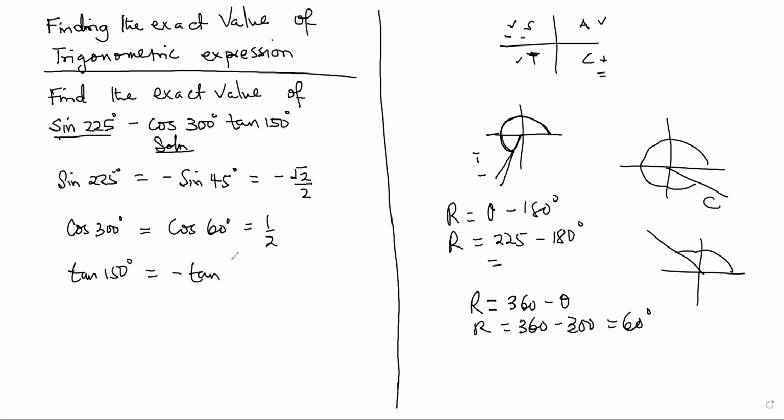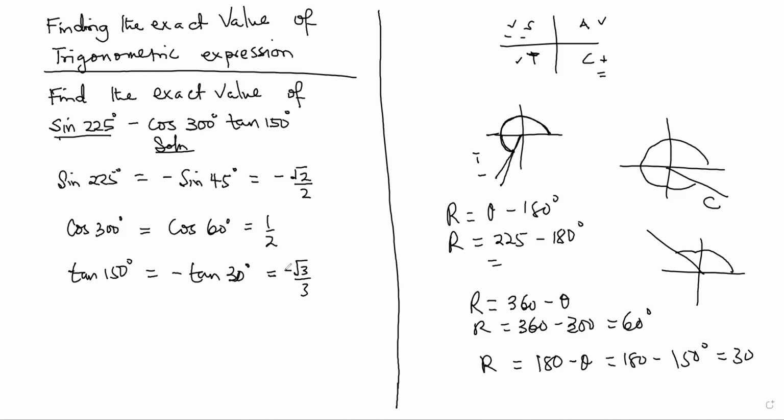In the second quadrant, the reference angle is 180 minus theta. So this will be 180 minus 150, and the answer is 30. So it means it's negative tan 30. And tan 30, we all know, is root 3 over 3. Then there's a negative here.